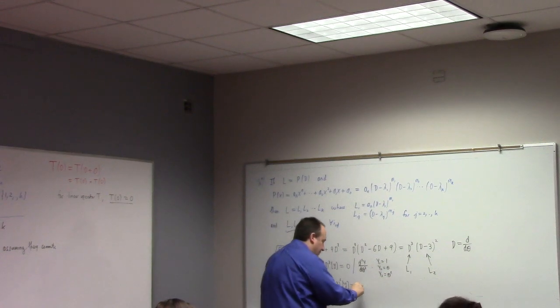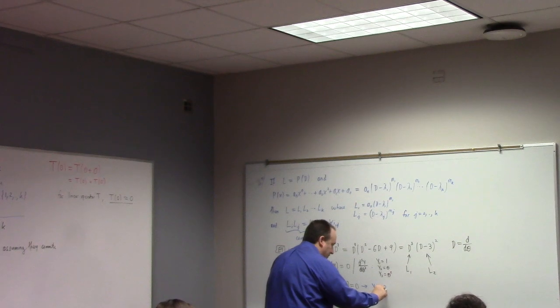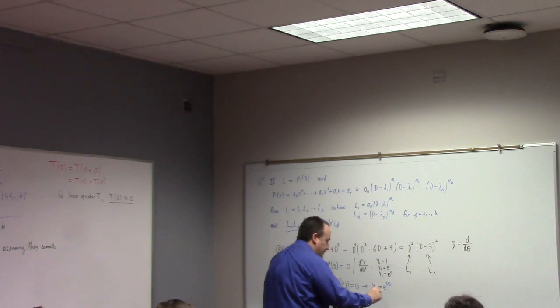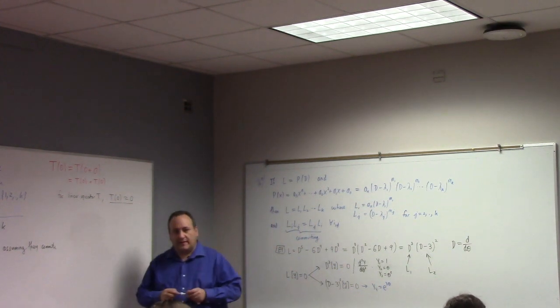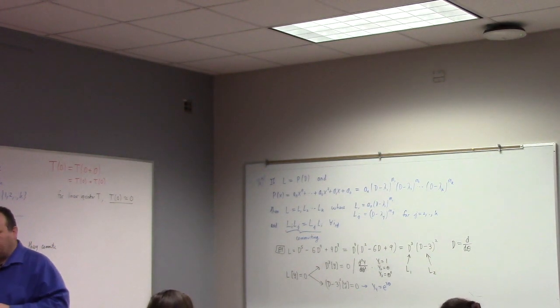We know that we could find a fourth solution, e to the 3 theta, by what we were talking about last class. Well, maybe we don't know that yet.